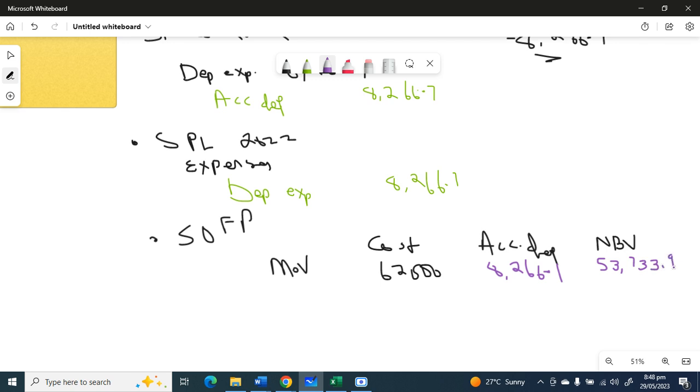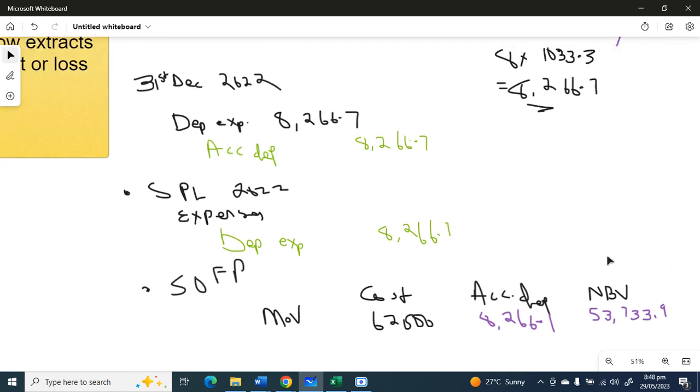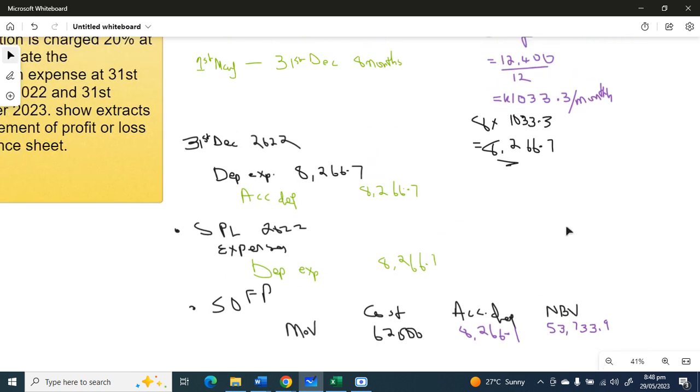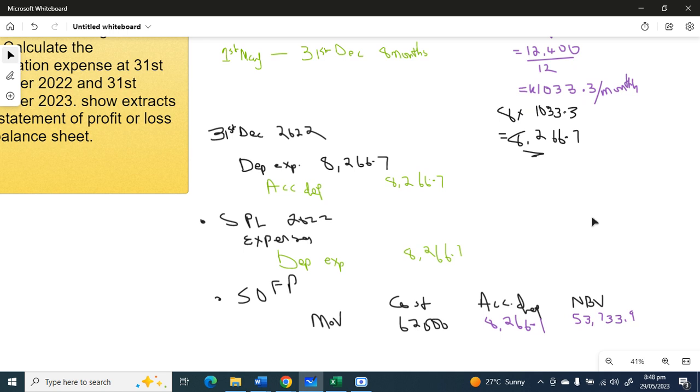Yes. So that's the extracts from the statement of profit or loss and the balance sheet. Any questions before we go to 31st December 2023?